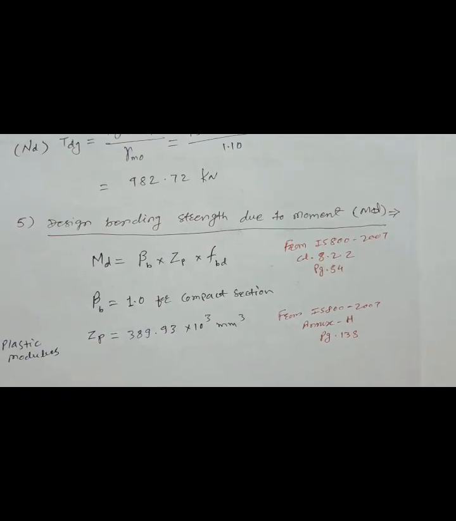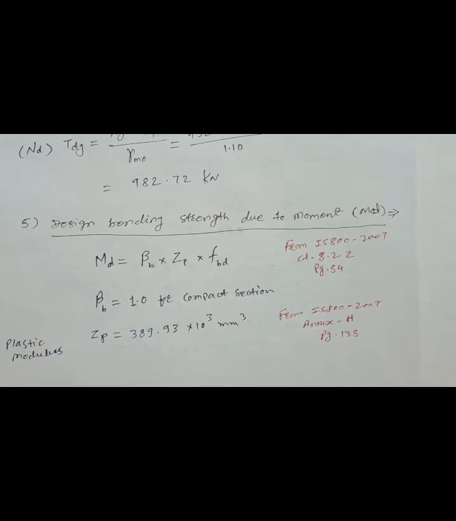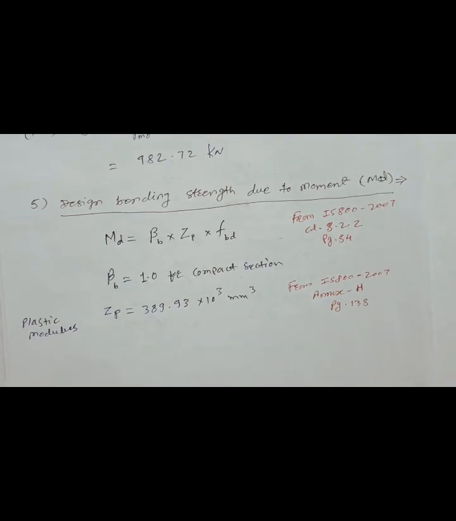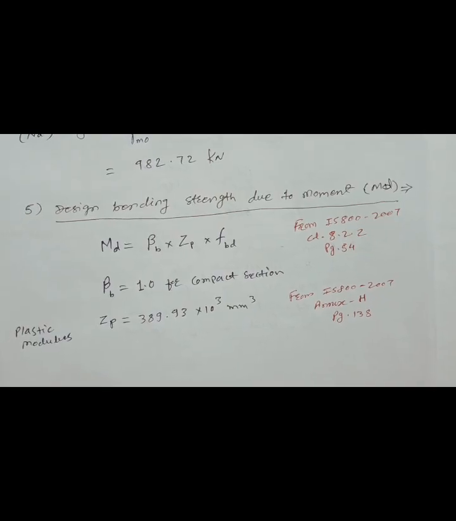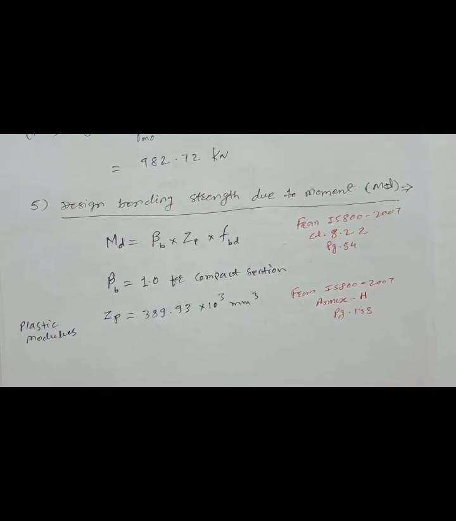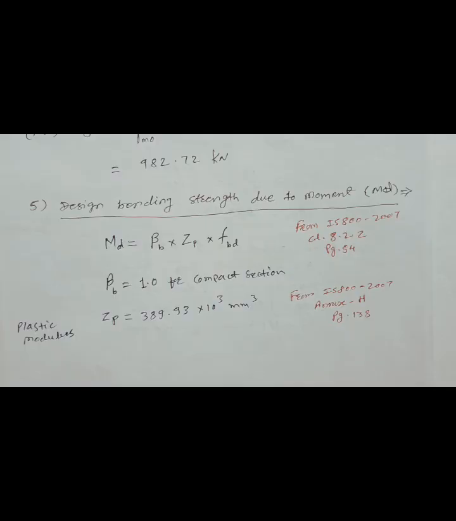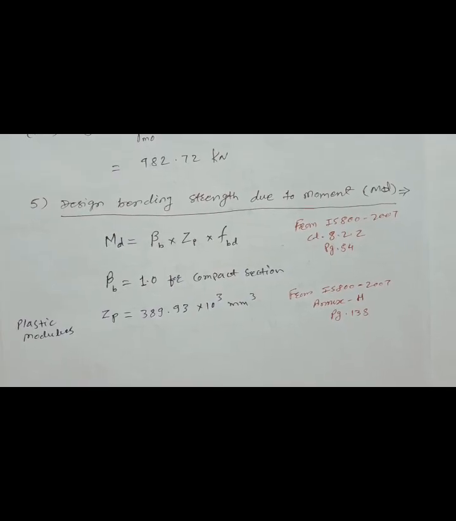After that, we have to determine the design bending strength due to the moment, that is MD, and this formula is also given in IS 800 in clause 8.2.2, page number 54, that is MD equal to beta into ZP into FBD.